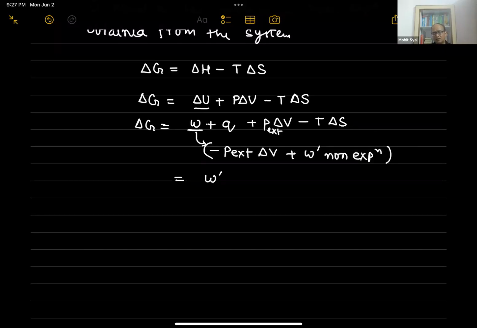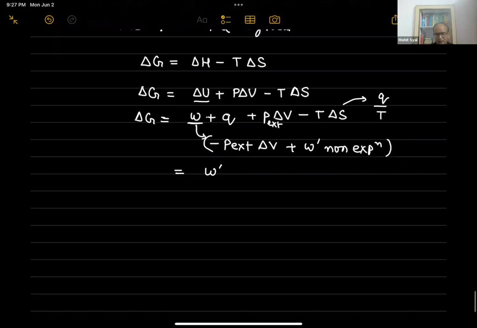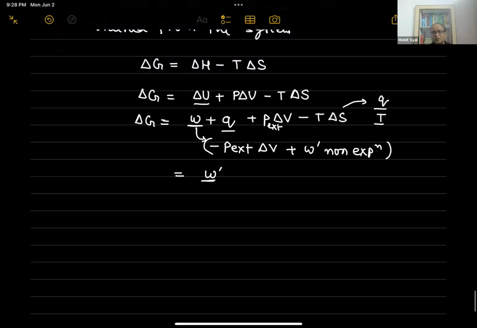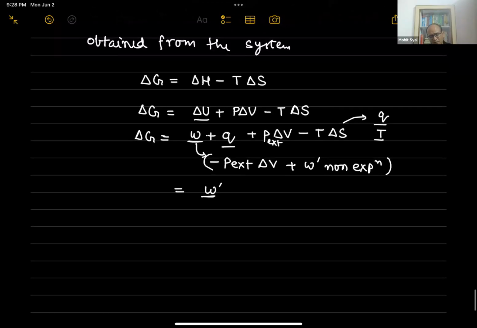Delta S is Q reversible by T. So you put this Q by T, heat given and the temperature T is going to get cancelled. So for a reversible process, this Q and this Q will get cancelled. You are going to be left with that extra work other than the expansion work, in a reversible process. So this is a basic thing, you just need to remember it.